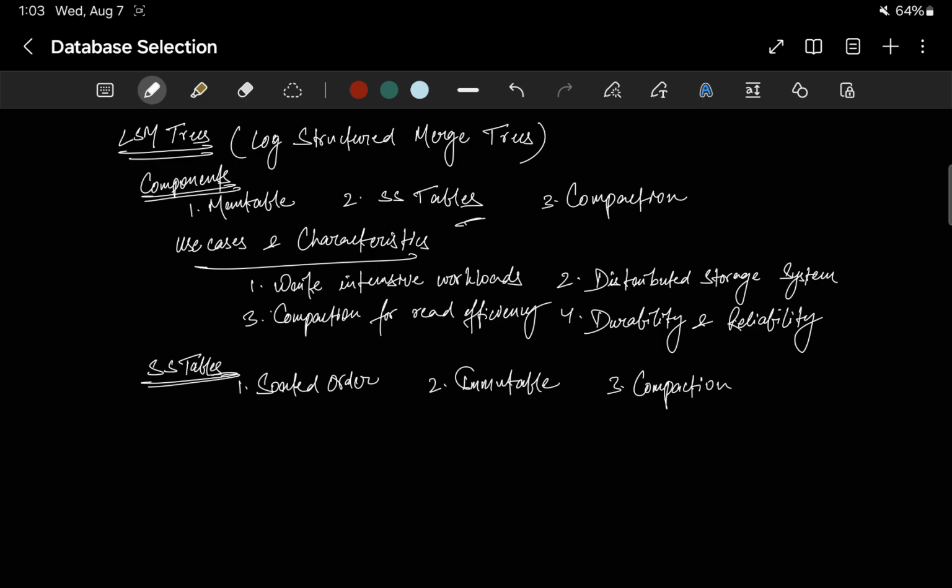Now let's talk about B trees. So I am pretty sure most of you have studied B trees in your data structures subject, but still let's talk about it. B trees are self-balancing tree structures designed for efficient searching, insertion and deletion operations.